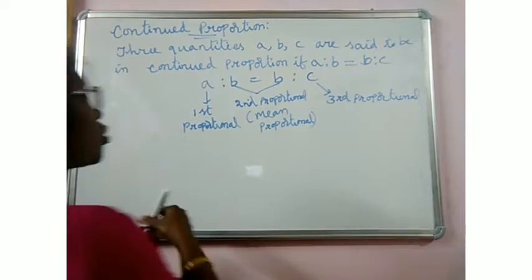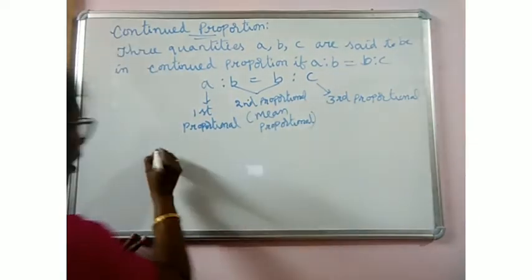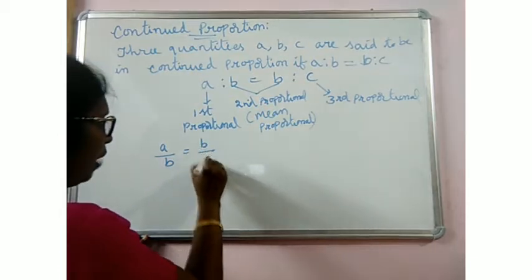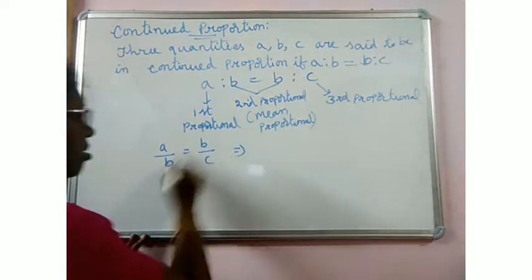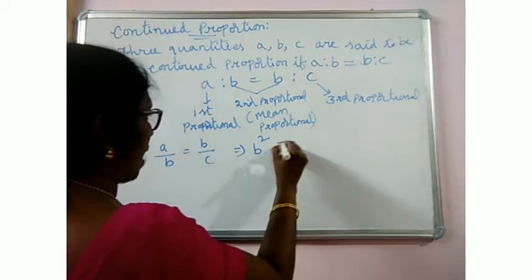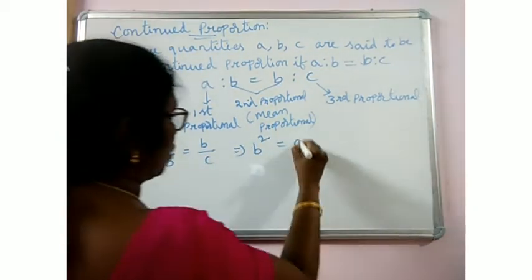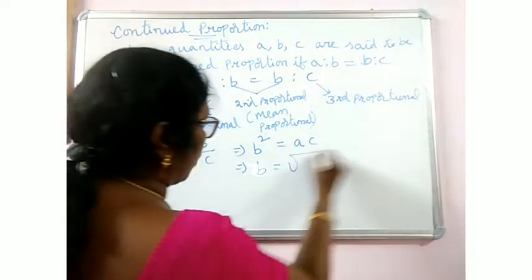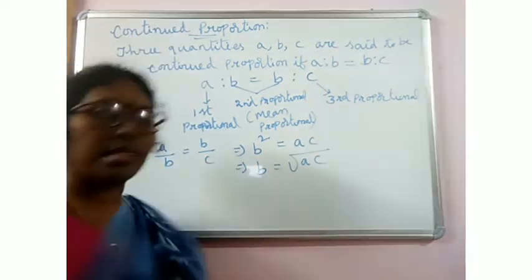A is to B is equal to B is to C means A by B is equal to B by C. That means when you cross multiply, B into B is B square, is equal to A into C is AC. That means B is equal to square root of AC.